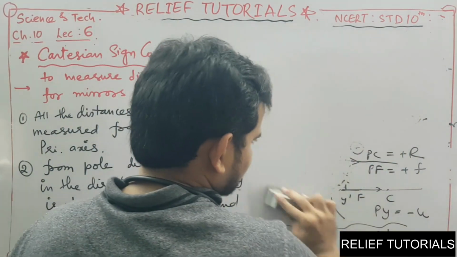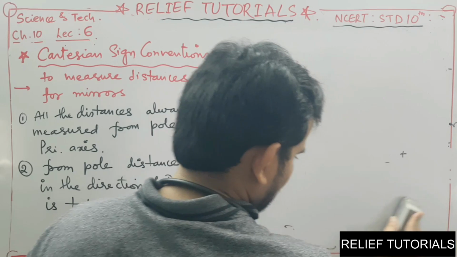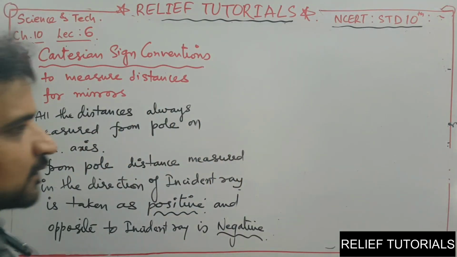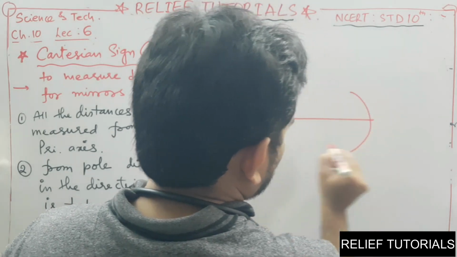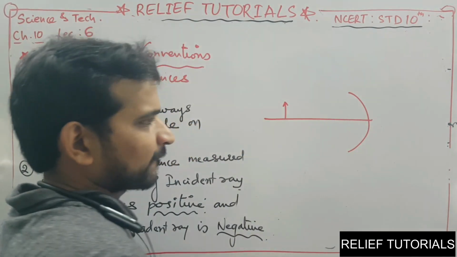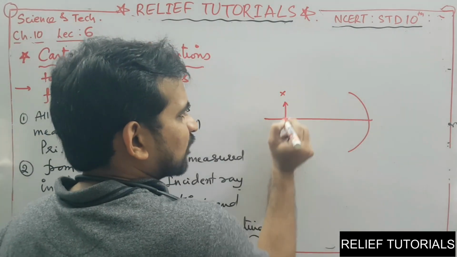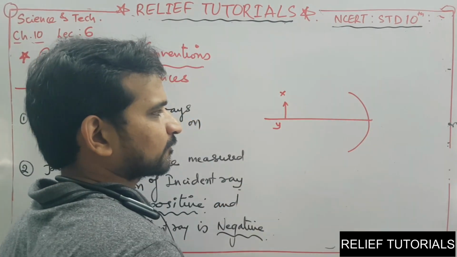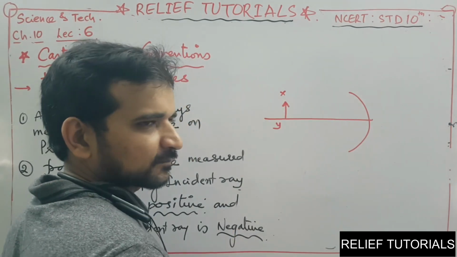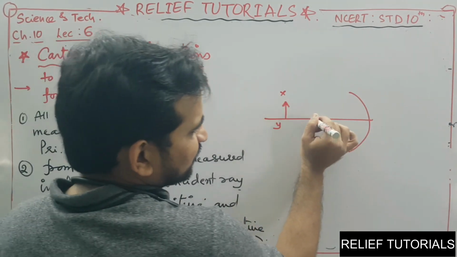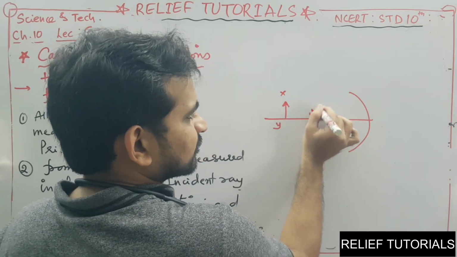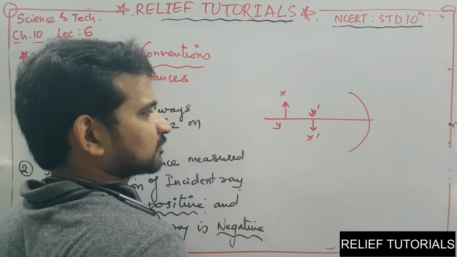One more rule. See, this is concave here. Here is the object. So this is XY, object. What is the height of object? This may be object, and sometimes the image is inverted like this. X dash, Y dash. Okay.